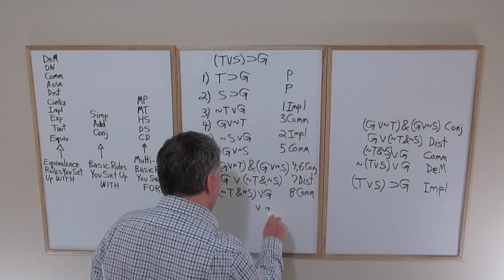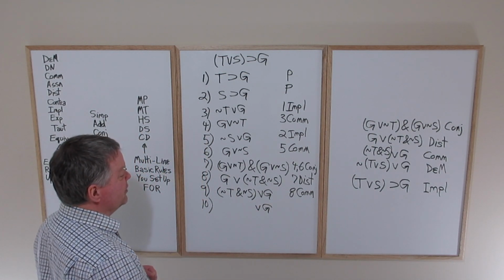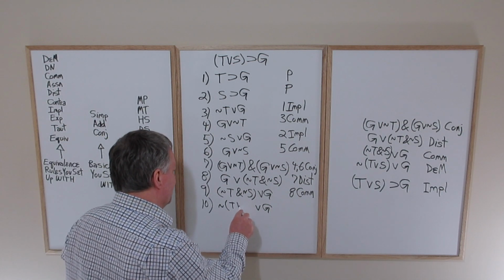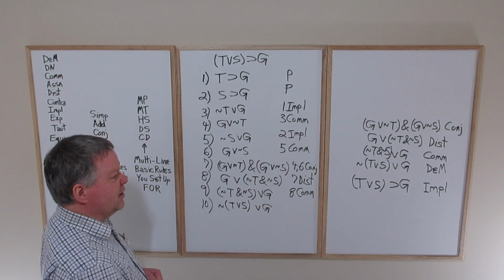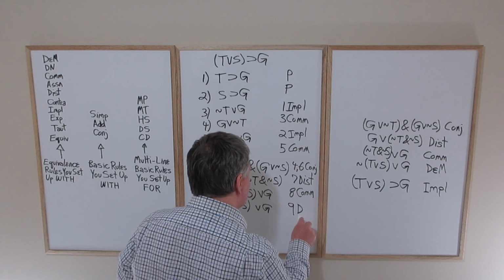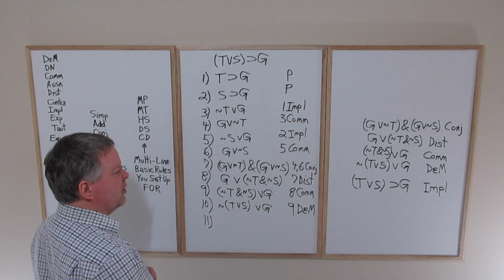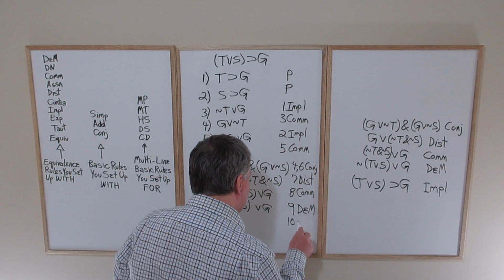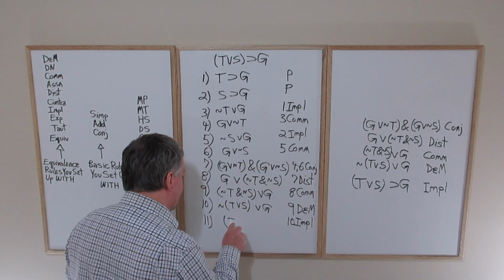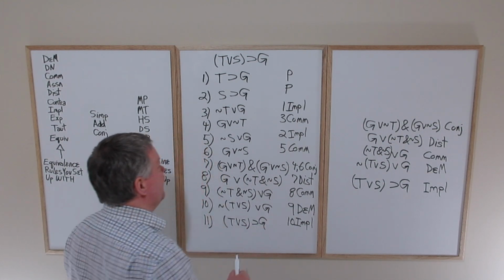Then we're going to switch this conjunction of two negated sentences into a negated disjunction, so that's 9 De Morgan's. And that's just what we need to finish off the proof. 10 implication. If T or S, then G.